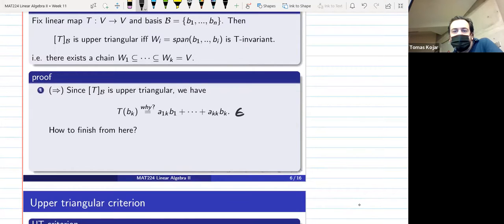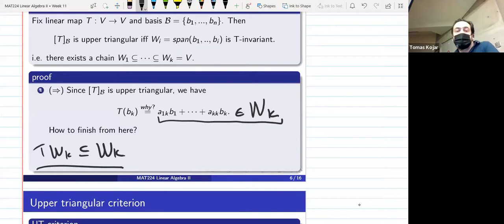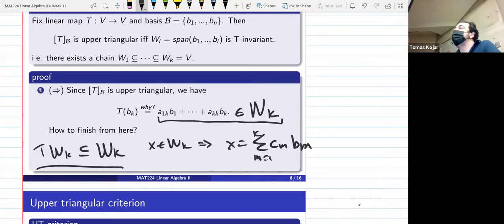So this is in WK, right? I have to prove that T WK is inside WK. Give me any X in WK. We can write it as the summation from M equals 1 to K of CM BM.